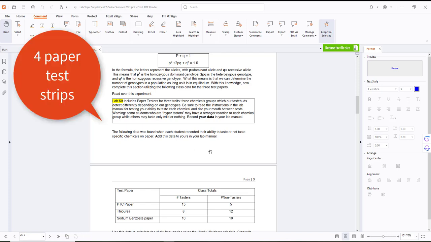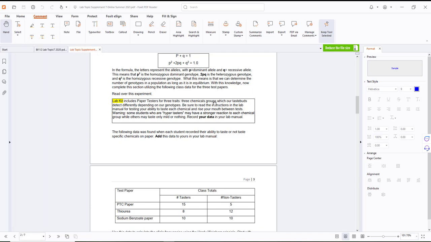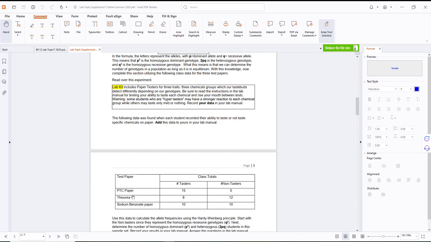One should be just a regular piece of paper that's a control. And then the other 3 have chemical groups for your taste buds. One's a PTC paper, the other thiourea, and then sodium benzoate. So you can test to see if you can taste each chemical, okay?